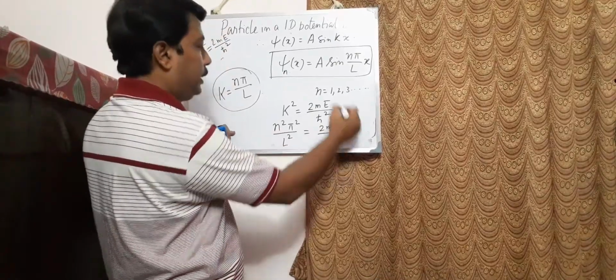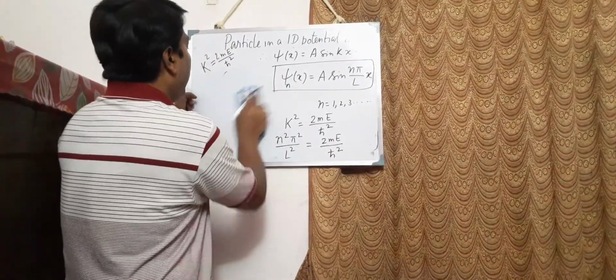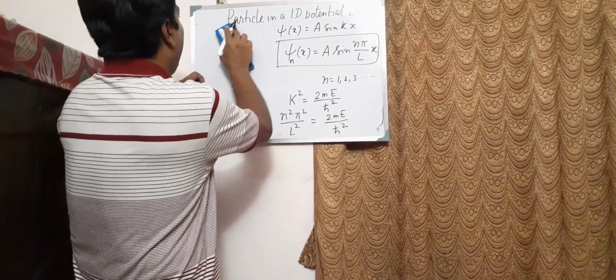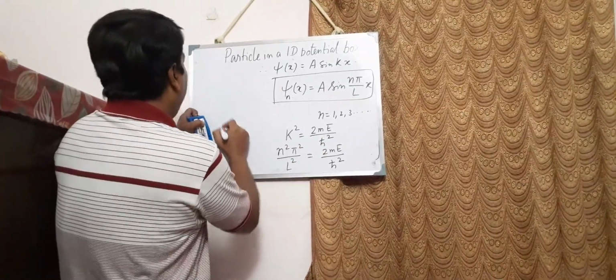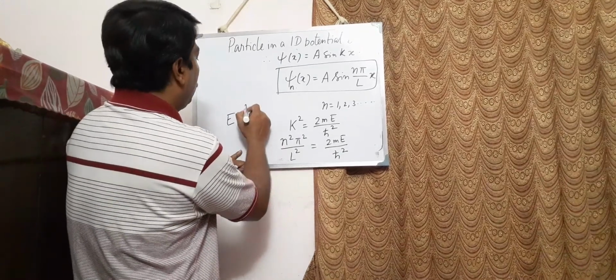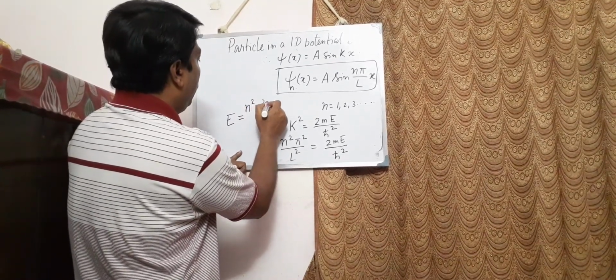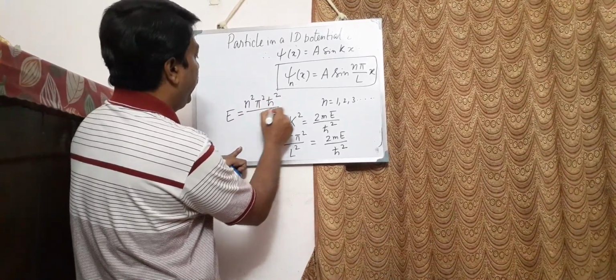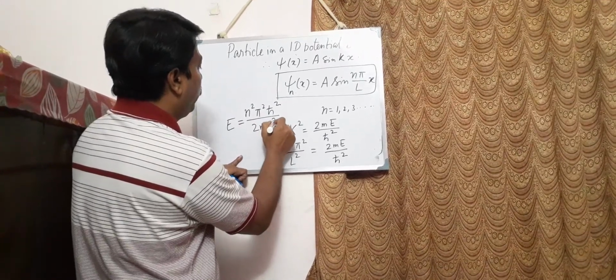So from this, what you get is a very interesting result, that E is equal to n square pi square h cut square by 2m L square.